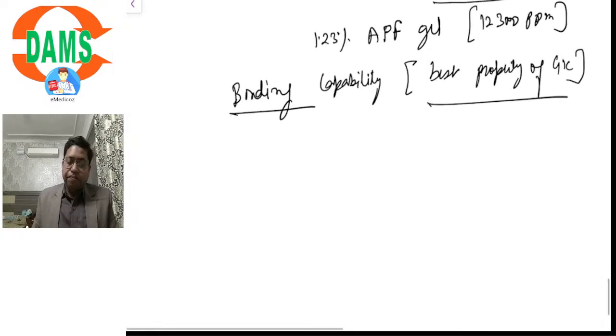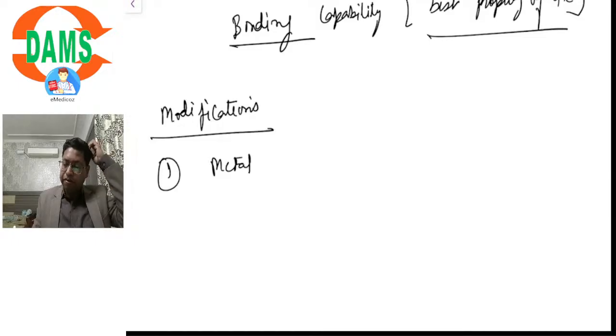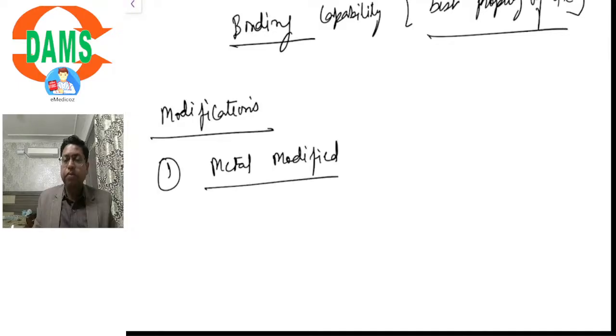If we talk about modifications of GIC, then the first type of modifications are the metal modified GIC. As the name indicates, there are two forms of incorporation of metal particles to GIC, and these metal particles are basically silver amalgam particles, silver tin alloy particles.